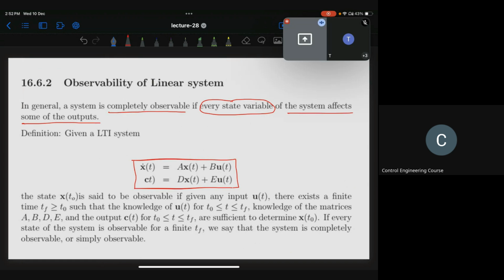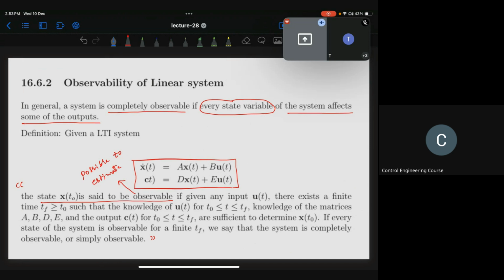Again, this is the basic definition, which says that this particular initial state is observable. Observable means that it is possible to estimate it.